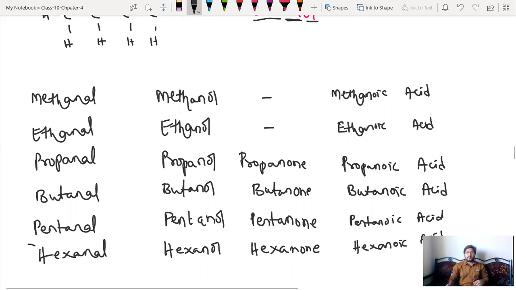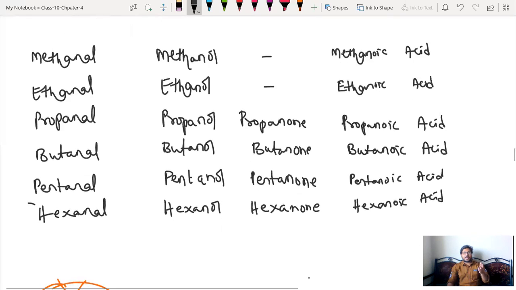It will be continuing: hept, oct, non, dec, it will be going on.